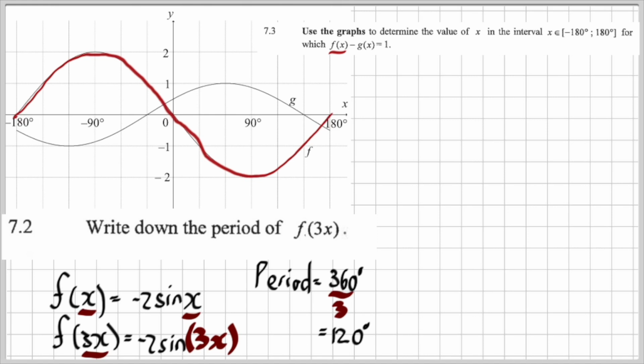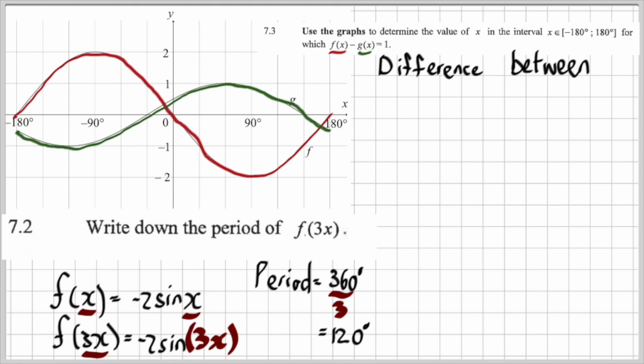I love to use colors. Ladies and gents, please use colors. And I'm going to highlight g(x) with green. But what does f(x) minus g(x) equal to 0 mean? It means there's a difference between the two graphs of 1 unit, because they're basically saying the difference in the y values must be 1 unit.